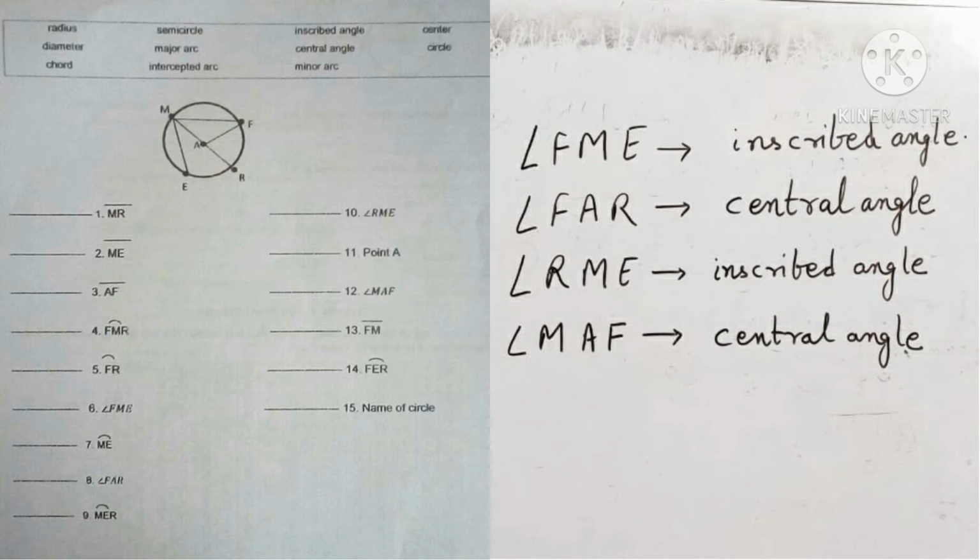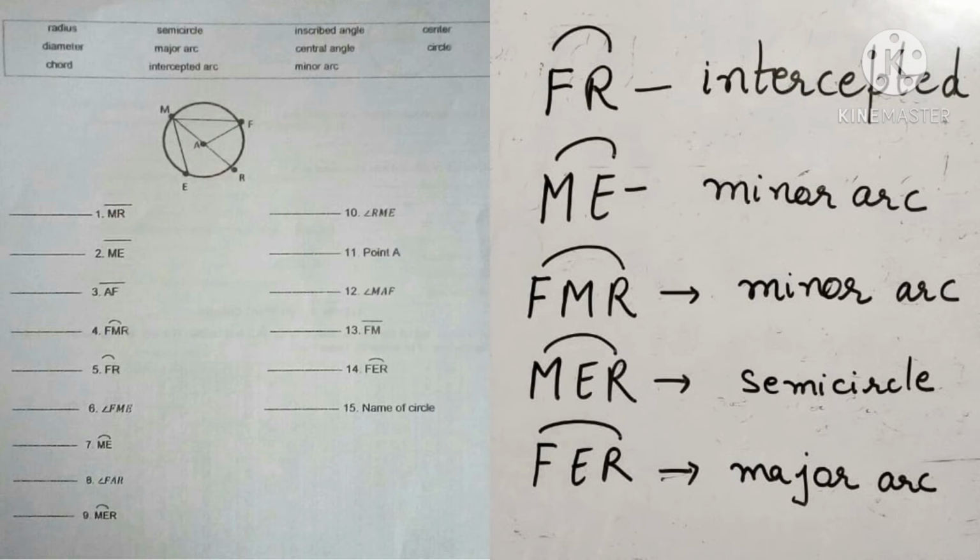Similarly, when we observe the third one, angle RME, we can easily observe that R, M and E, all the points lie on the boundary of the circle, and they constitute an inscribed angle. Now there are 3 types of arcs generally found in the circle: major arc, minor arc and intercepted arc.